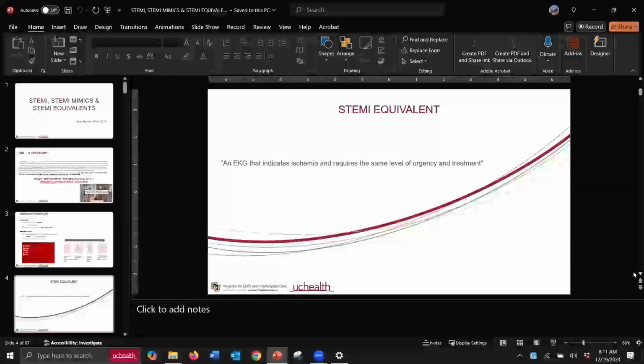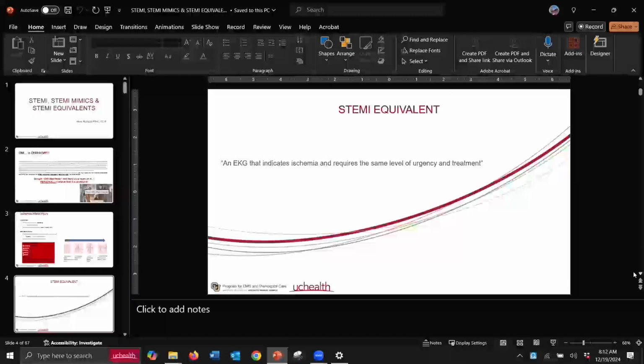What's a STEMI equivalent? It's an EKG that indicates ischemia and requires really the same urgency in treatment. It's the same interventions, but we don't, as a healthcare system, have a good recognition of those because they don't meet STEMI criteria. They may meet non-STEMI criteria, right?